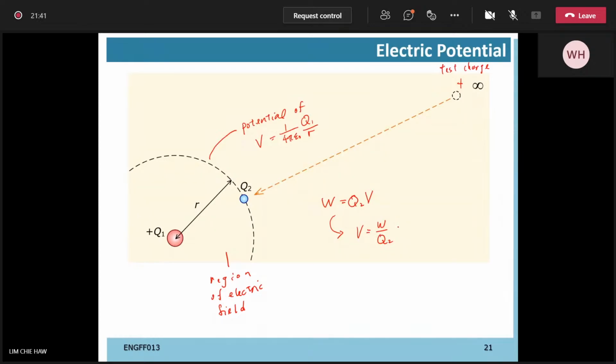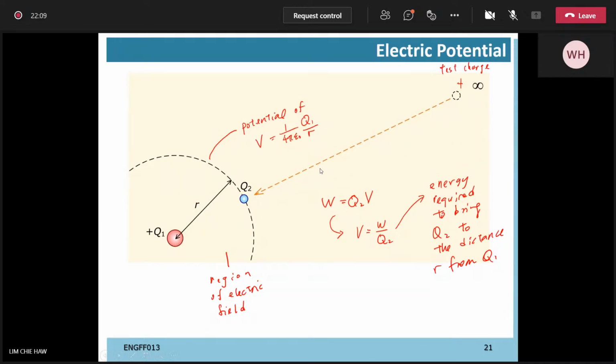And if you go to the definition of this, it is the energy required to bring Q2 to the distance R from Q1. Do you see that? Understand the idea or not?